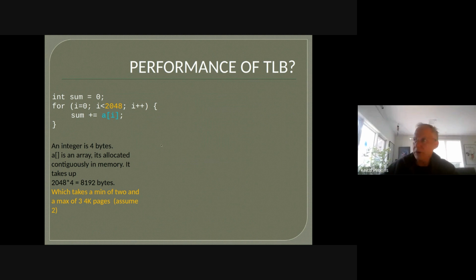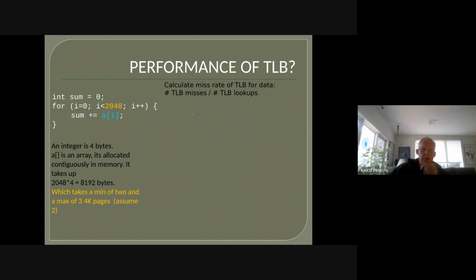So I want to figure out what the hit rate is now and the miss rate. So the miss rate is the number of misses over the total number of TLB lookups. So number of TLB lookups, well, I have 2,048 integers that I'm actually going to access in my memory.